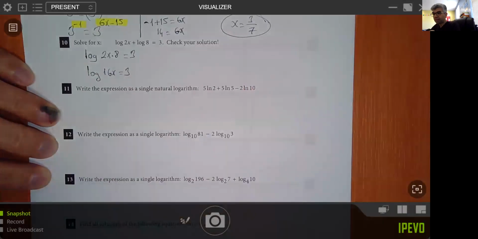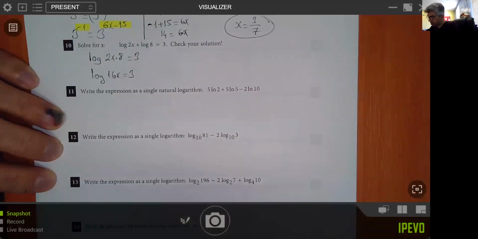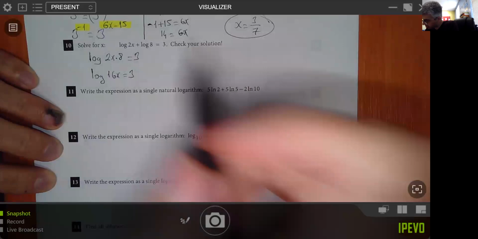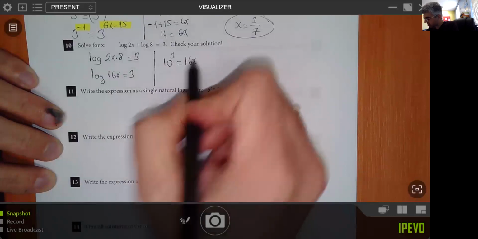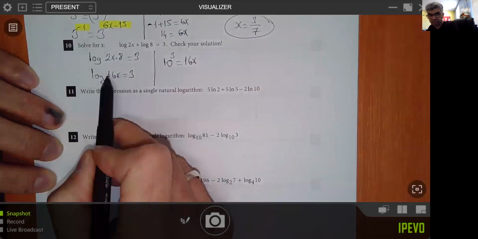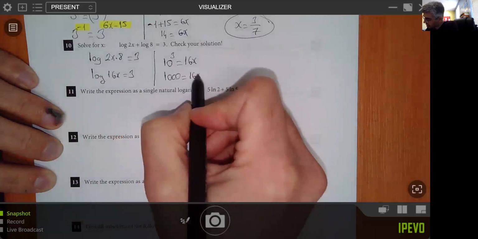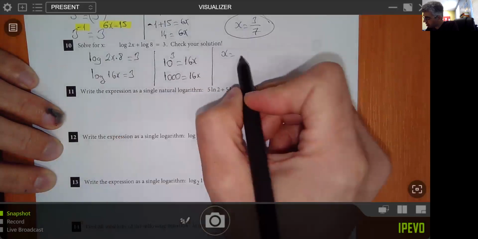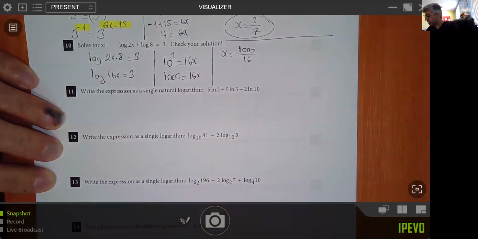Remember, when we were solving exponential equations, in case of necessity, we can write exponential functions as logarithmic functions. And here, logarithmic equations we write as exponential. So 10 to the power of 3 is equal to 16x. So 1000 is 16x. If we divide both sides by 16, x is 1000 divided by 16.